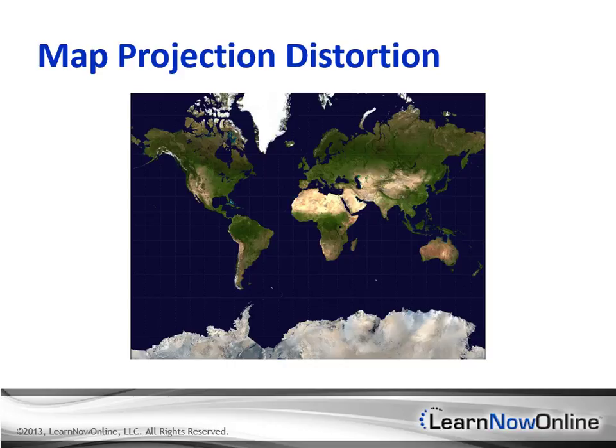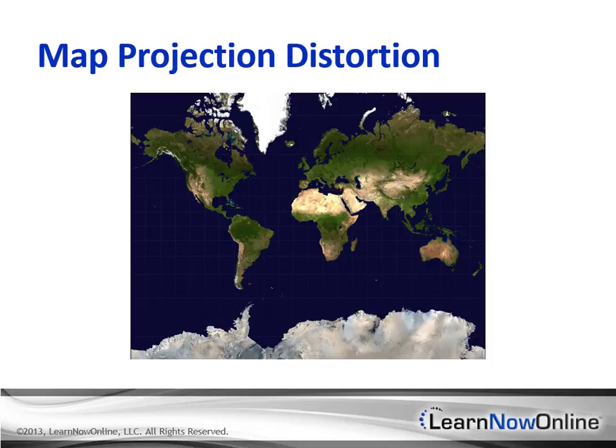It does have the downside, though, of exaggerating the sizes of land masses that are further away from the equator. You also can't use this type of projection to accurately measure distances, since the curvature of the Earth is going to distort the measurement.